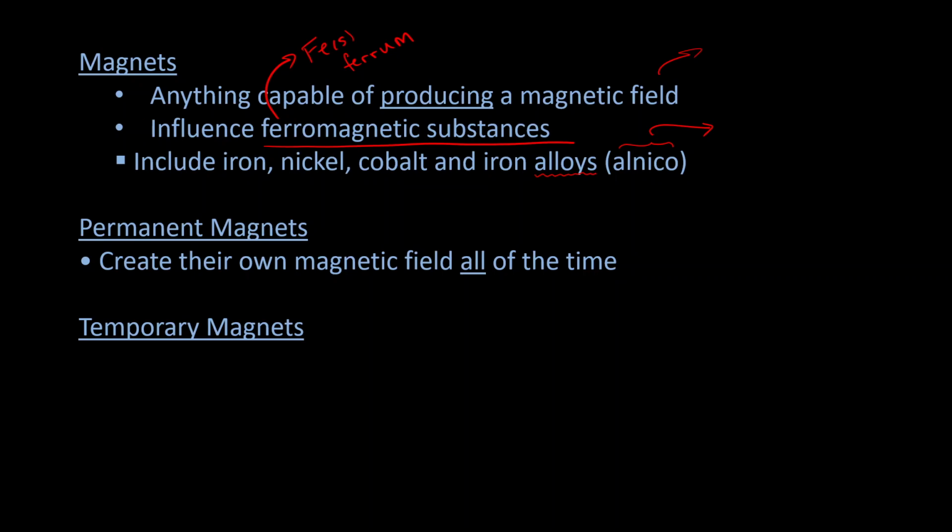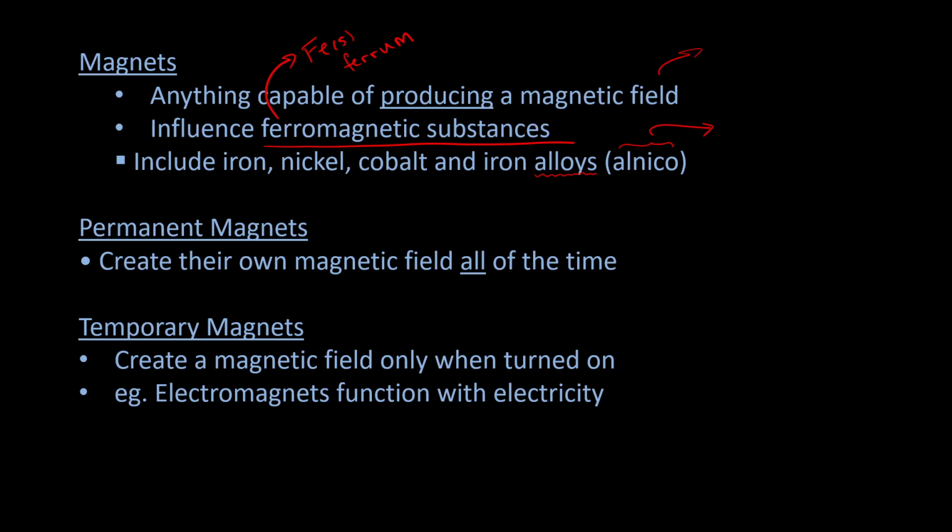Temporary magnets are, for example, something like an electromagnet, which is a magnet that you plug in, essentially. So electricity provides the ability for us to generate a magnetic field, but we can turn it on and off again. And for example, if you've ever been to a car crushing yard, they will have these huge magnets on a crane-like structure.